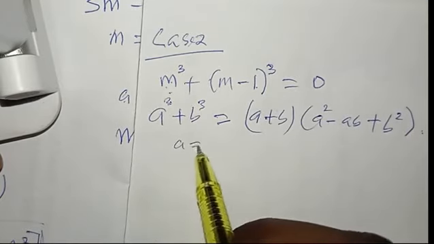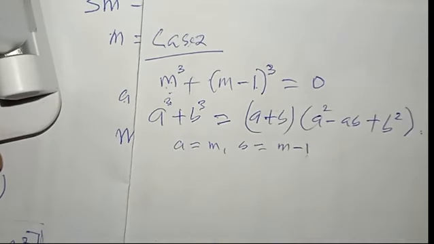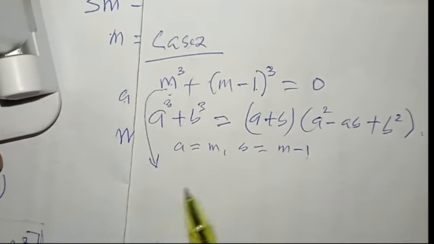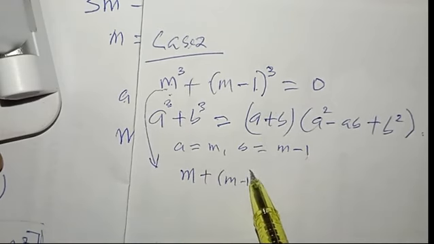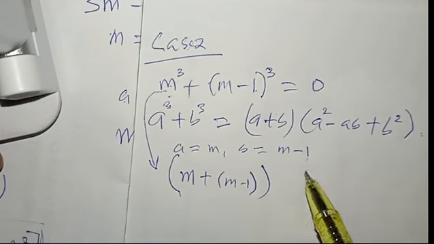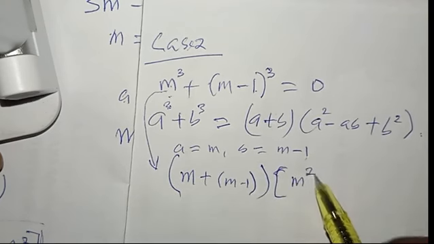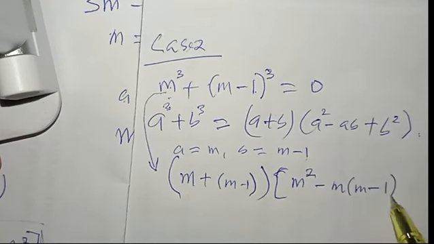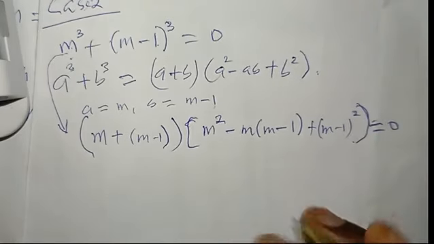So in this case, let me write our a is equal to m, and our b is equal to m minus 1. So we have our a plus b now becomes m plus (m minus 1), and then the second bracket, a squared, that is m squared, minus m times (m minus 1), and then plus (m minus 1) all squared is equal to 0.